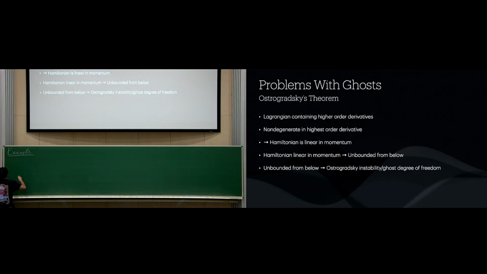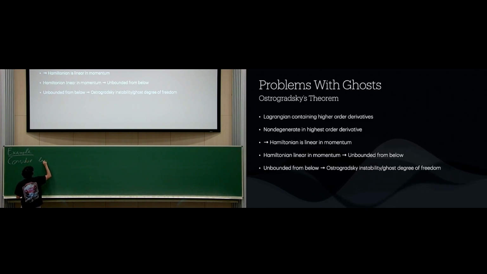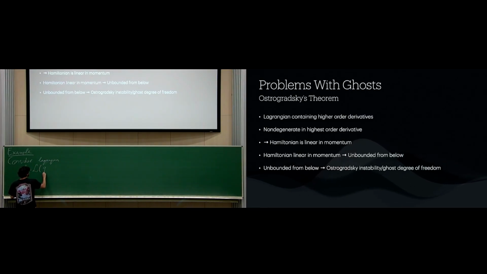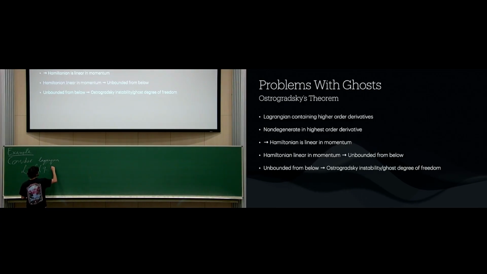So let's consider a Lagrangian depending on one canonical coordinate q, its derivative q dot, and then q double dot.